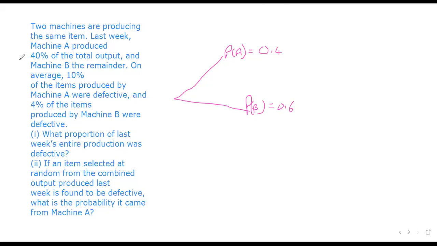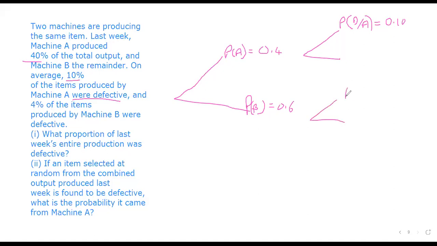Yes. Then on average, 10% of the items produced by machine A were defective. So defective coming from where? A. What was the percentage? 10%. This is 0.10. And 4% of the items produced by machine B were defective.